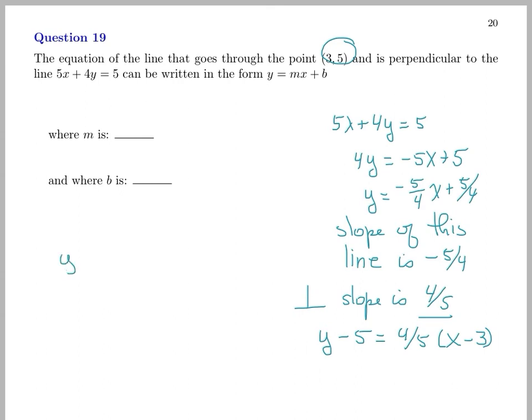And solving that for y, we get 4/5 x minus 12/5 plus 5. So 5 is 25/5. So minus 12 fifths, I think, is 13 fifths. So the slope is 4 fifths, and the y-intercept is 13 fifths.